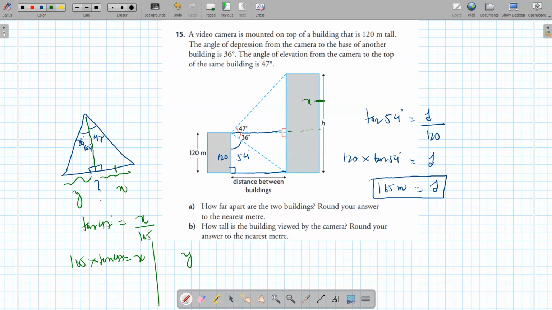Similarly, y will be on the other triangle. This y will be 36 and 165, so it'll be 165 times tan 36. And then you want to add x plus y after plugging it into the calculator, and that will give you the final answer of h, the height of the building. And you are done.